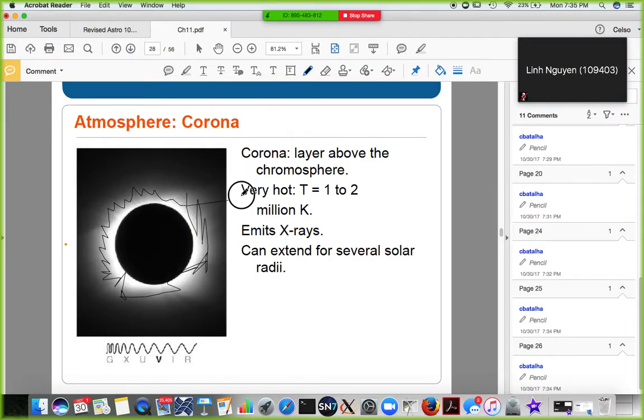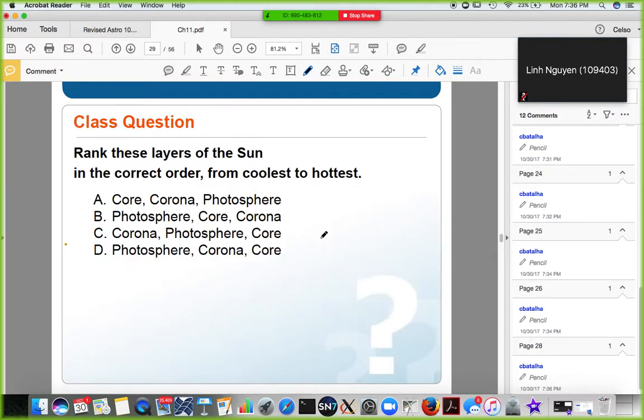So what is that? That's the so-called corona. So corona is hot. It's a hot gas. It's not dense. It's not thick like the photosphere, but can go millions of Kelvins. And because of this high temperature, it produces primarily X-rays. So most of its energy comes in X-rays, basically.